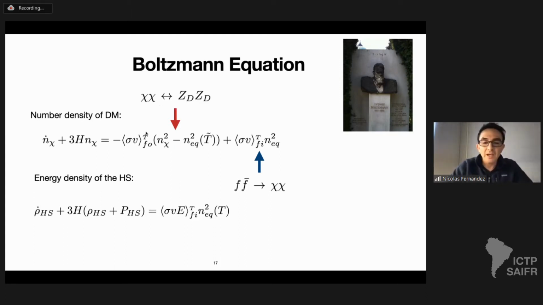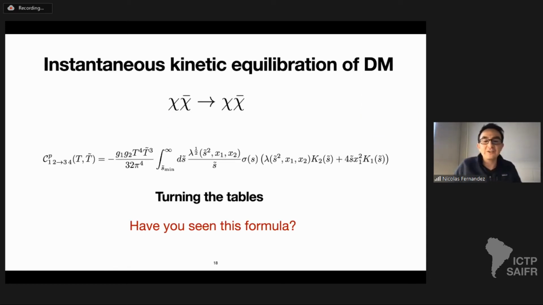And the assumption of instant kinetic equilibration means that the dark matter that I injected is right away going to thermalize. It's going to have the temperature of the dark sector. I also want to test that idea of instant equilibration.